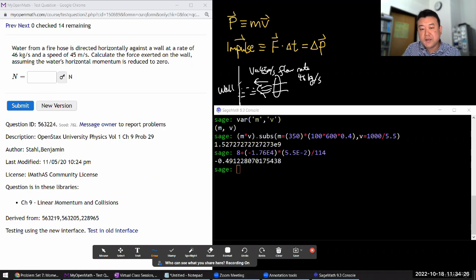And we'll assume that as it's hitting the wall, it has that speed. Calculate the force exerted on the wall, assuming the water's horizontal momentum is reduced to zero instead of bouncing off.